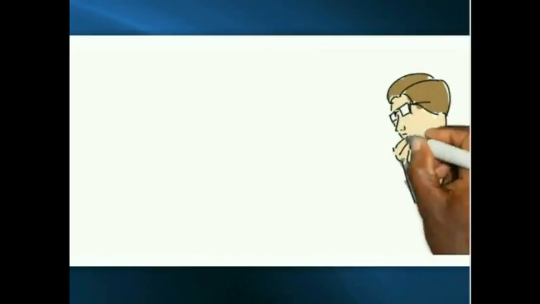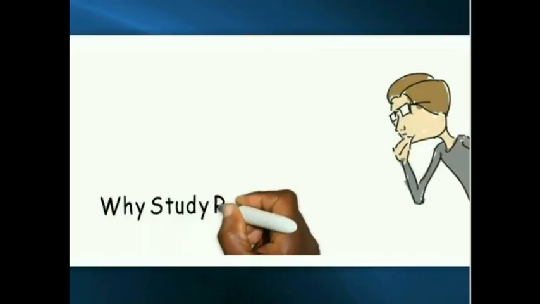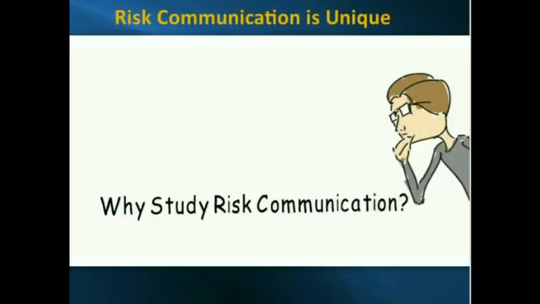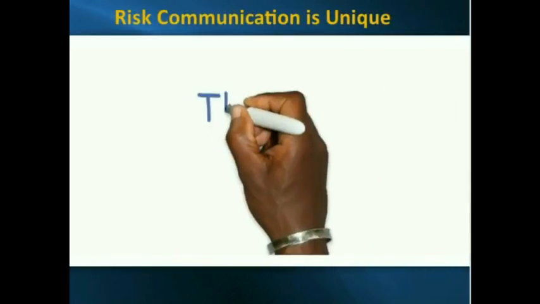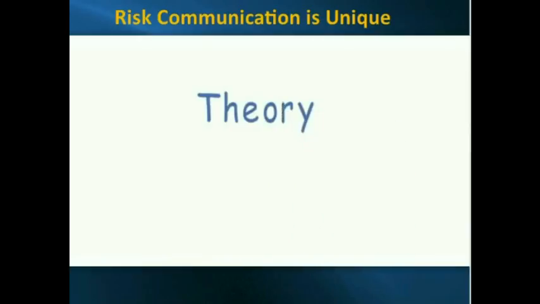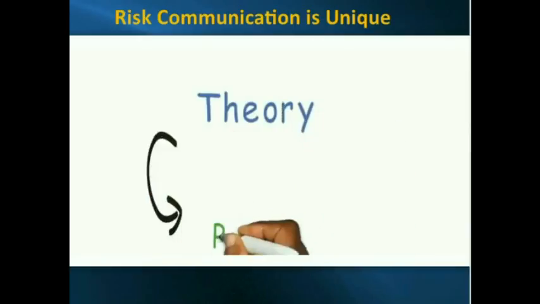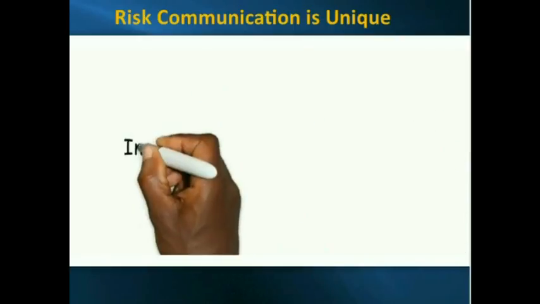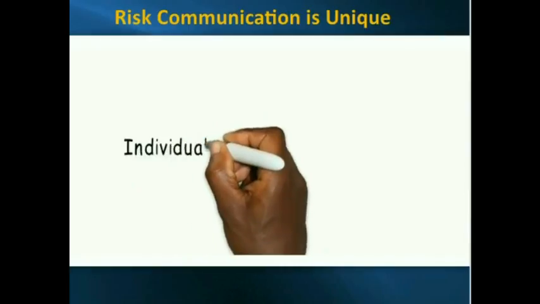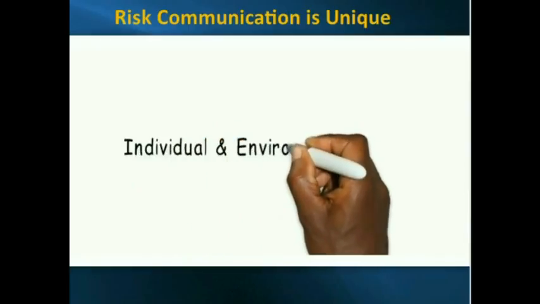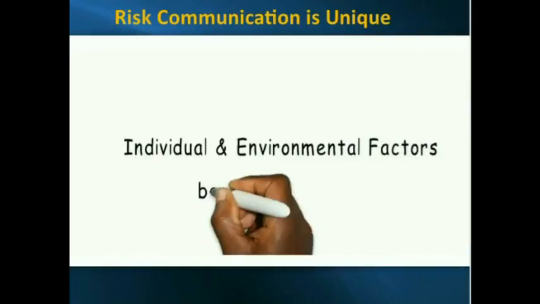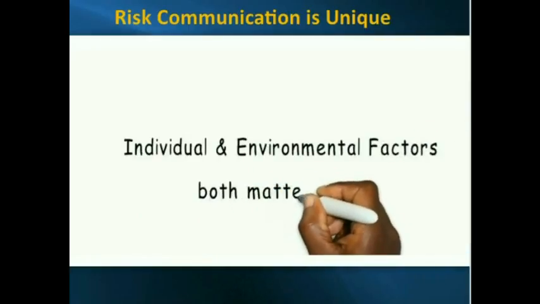The question then is, why study risk communication? In many ways, risk communication is unique because it actually marries theory with application, or theory and practice. Both individual and social contextual factors, or environmental factors, influence how risk information is generated, received, and acted upon.